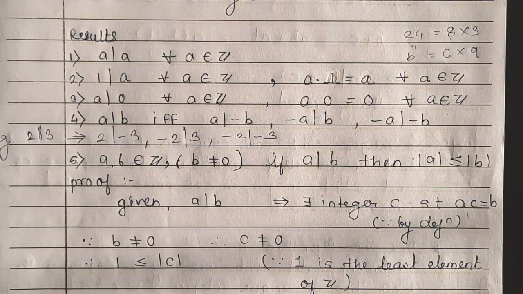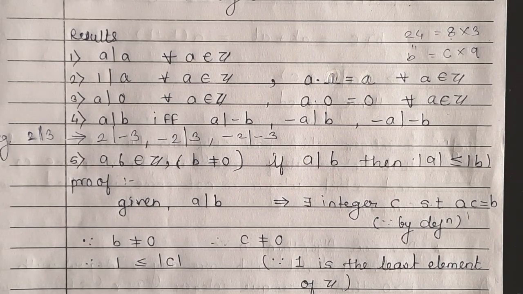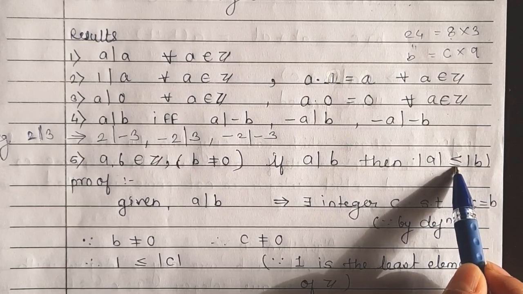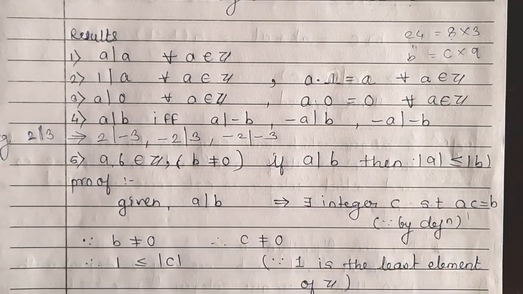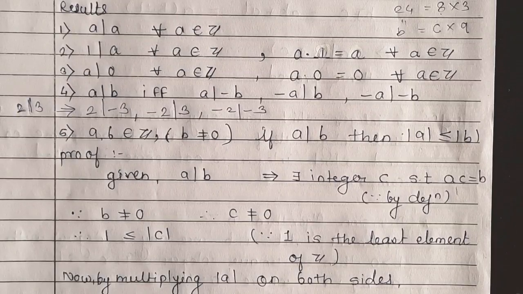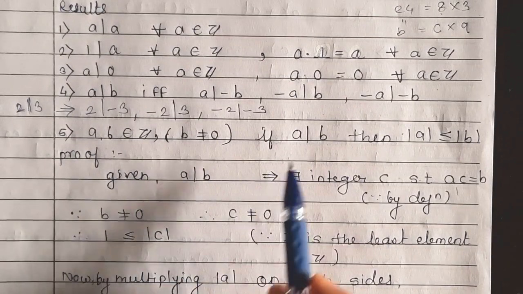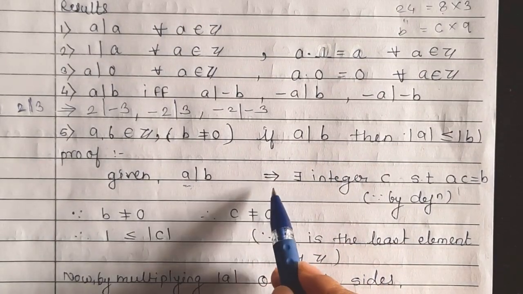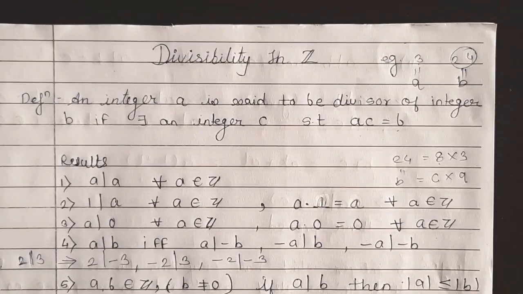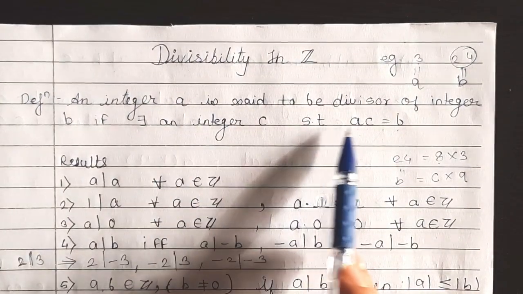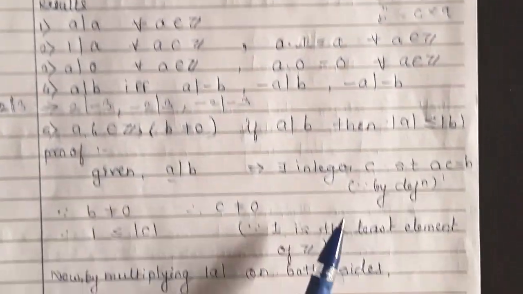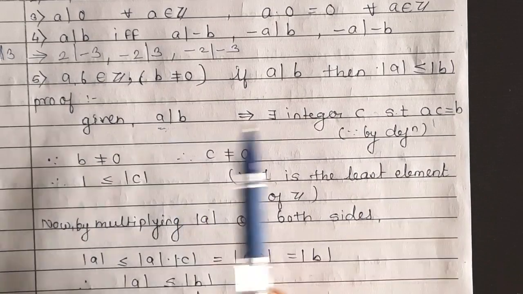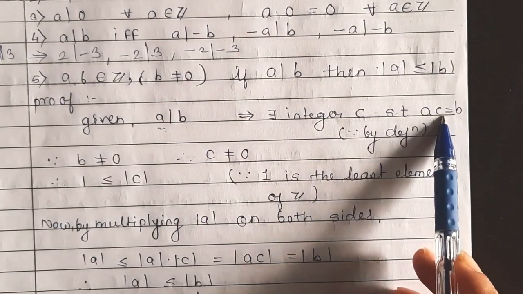Our fifth property is: for A, B belonging to Z, B not equal to 0, if A divides B, then mod of A is less than or equal to mod of B. Here is the proof of that result. Given that A divides B, from the definition, B equals AC.